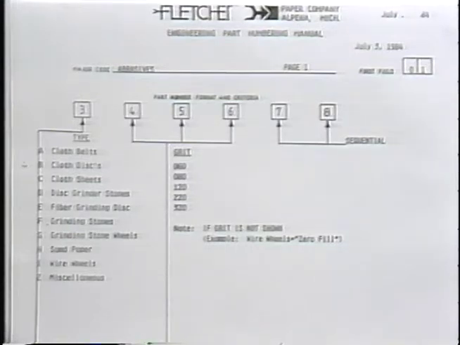And lo and behold, they ran out of numbers because with a 1 field, using numeric, you go from 0 to 9. So what they had to do, because of the restriction for the length of the part number, was use alpha. So you will notice the second field, which is the 3rd digit of the part number, we start off with cloth belts, which is A, and then we get into cloth discs, which is B, and so forth.